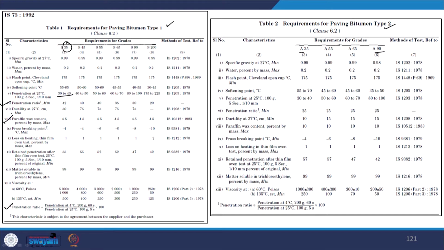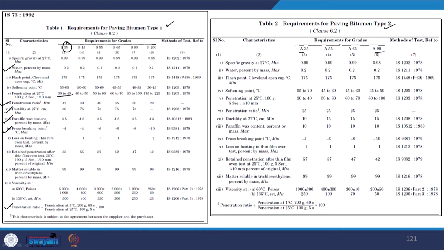Paraffin wax content test, again we do not do it today. Ductility test was done on unaged binder, and today we do it on short term aged binder or thin film oven or RTFO aged binder. Then that time we used to determine water percent by mass, we no longer do this test today.